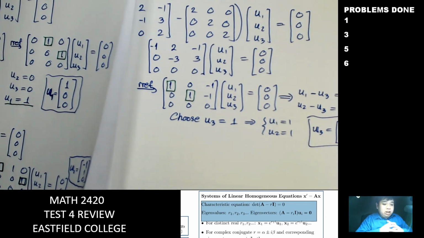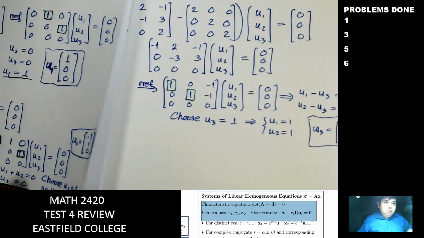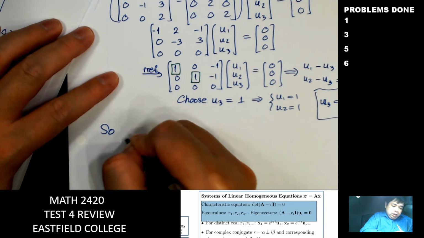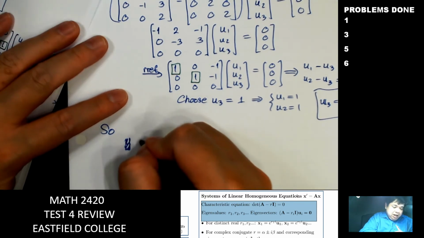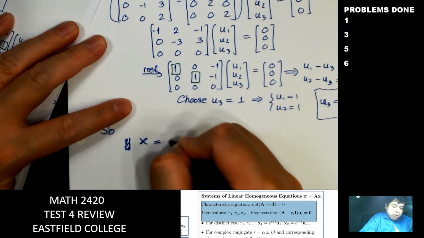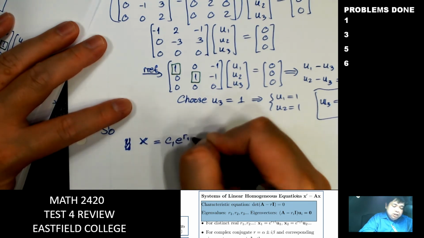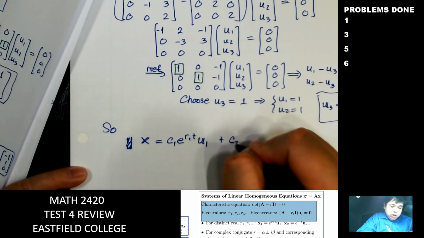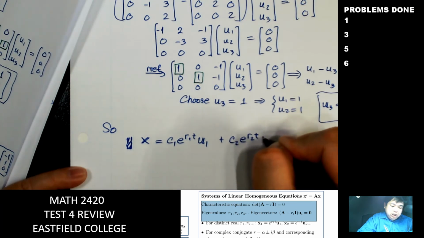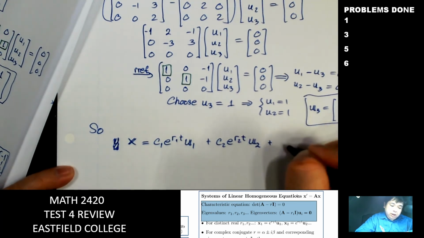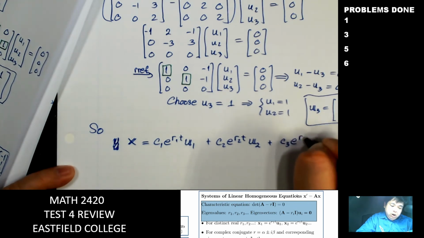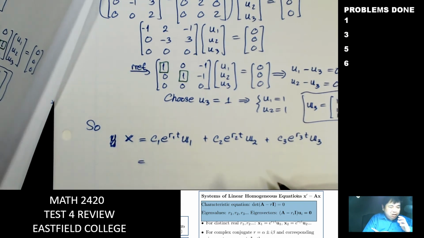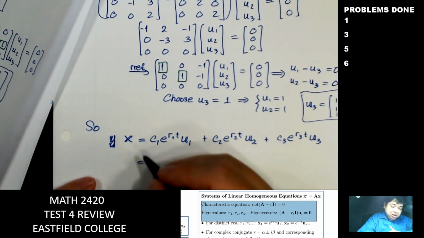And finally, we put everything in the solution. The solution is a vector x equal to c1 e to the r1 t, eigenvector u1, plus c2 e to the r2 t, eigenvector u2, and c3 e to the r3 t, eigenvector u3.